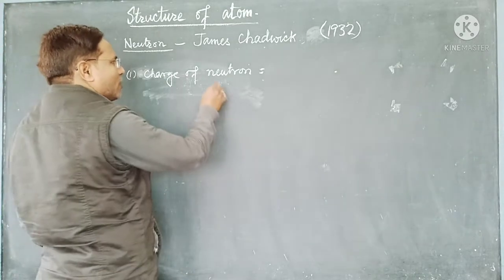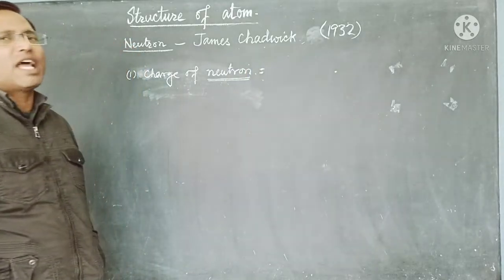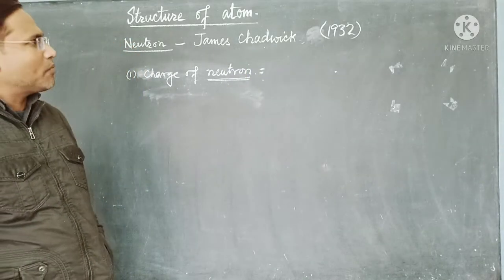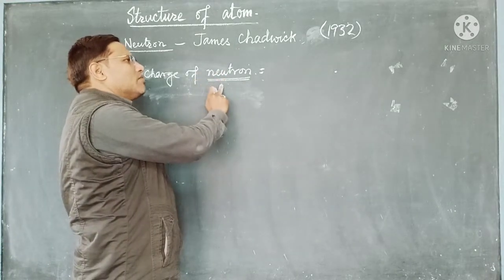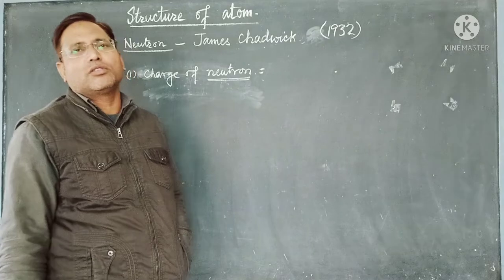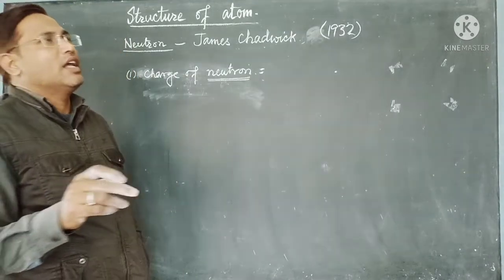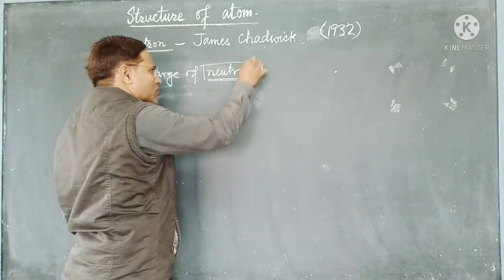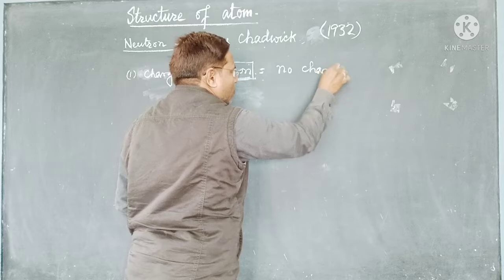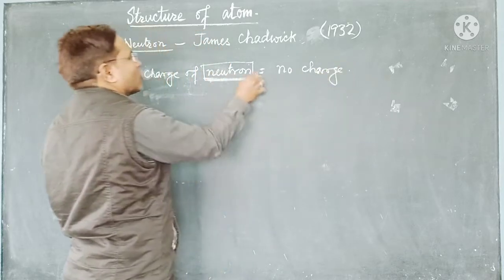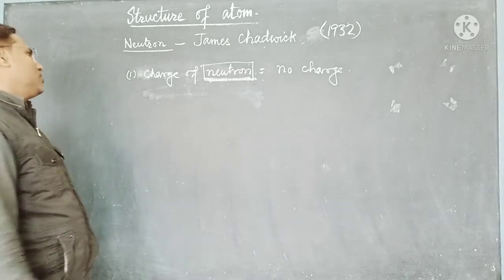That means if neutrons are there, then what is their charge? Because if it had positive charge, then an atom should be positively charged. If it had negative charge, then the atom should be as a whole negatively charged. But it is not like that. The atom as a whole is neutral. That means this particle neutron has no charge. So it was told to us that this neutron has got no charge. It is neutral in nature.